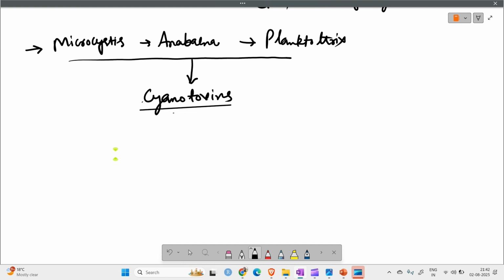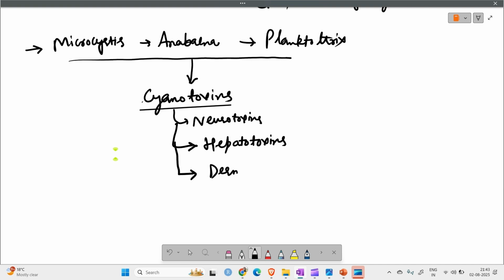Okay, these blooms produce cyanotoxins, which are neurotoxins, meaning they interfere with our nervous system. They are hepatotoxins, that means they damage our liver, and they are dermatotoxins. These toxins are very harmful for people, for cattle, and for aquatic life as well. These algal blooms are intensified by current anthropogenic eutrophication of aquatic habitats.